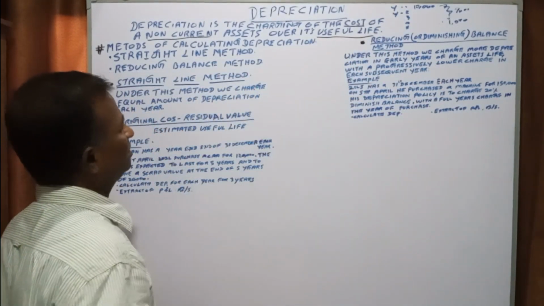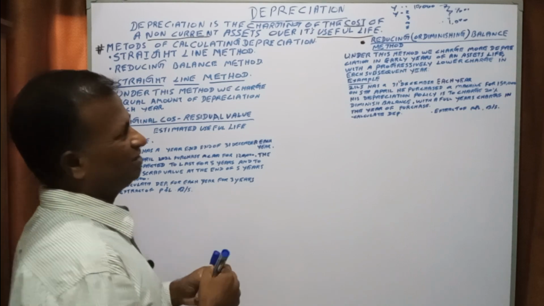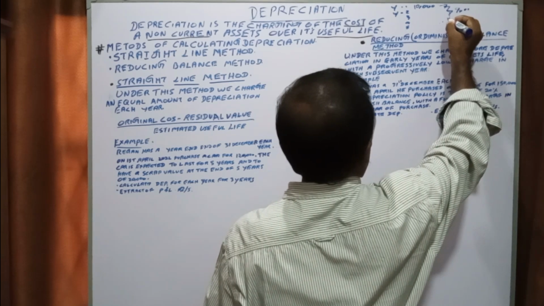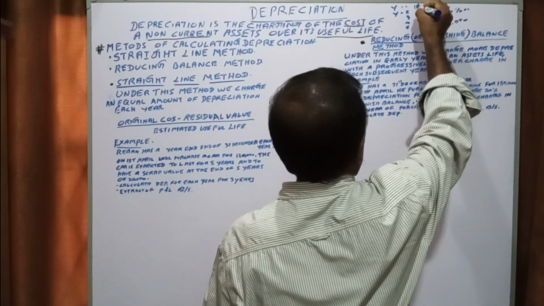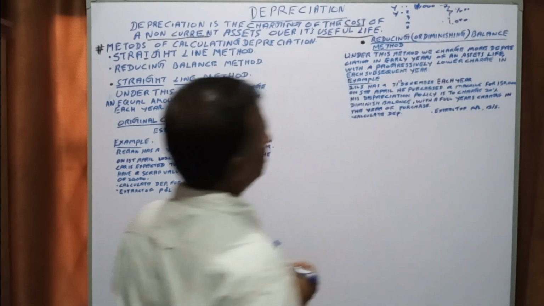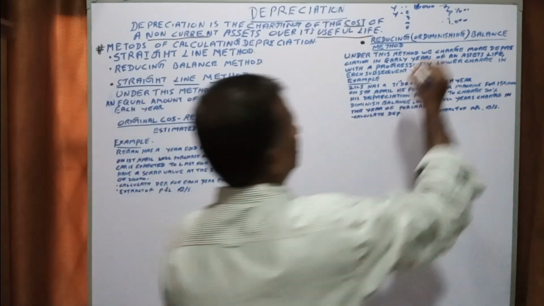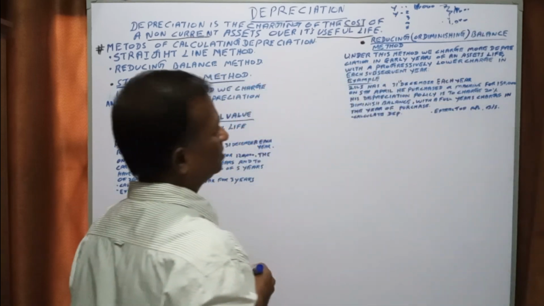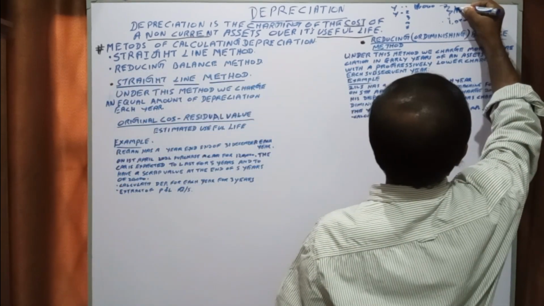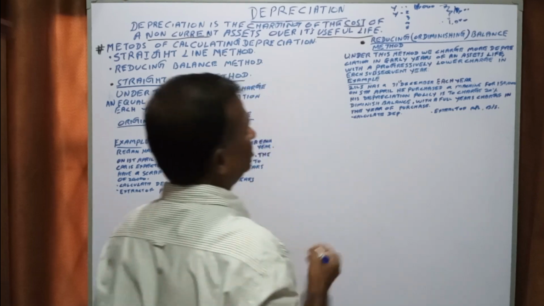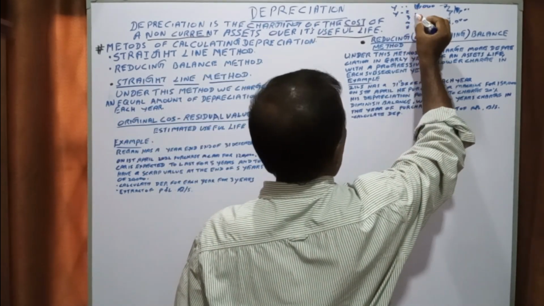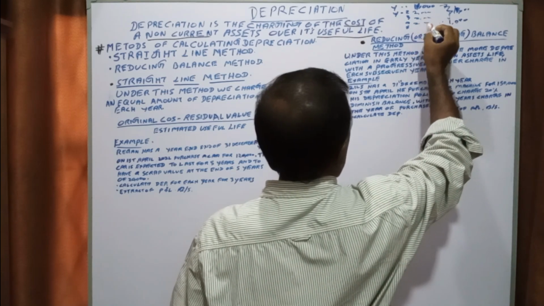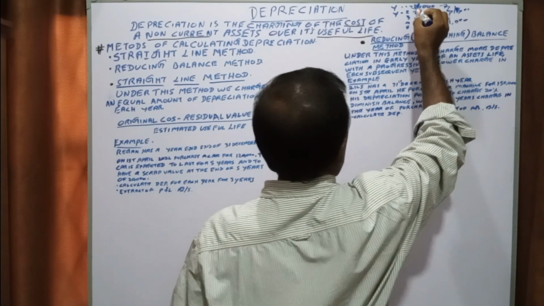In this case, for ease, I am taking the purchase amount as 11,000, right? Then it will be easy for us for the calculation. 10,000 is the amount, so 2,000 we have to depreciate each year: 2, 2, 2, 2, and 2.